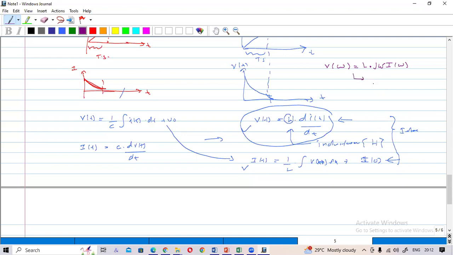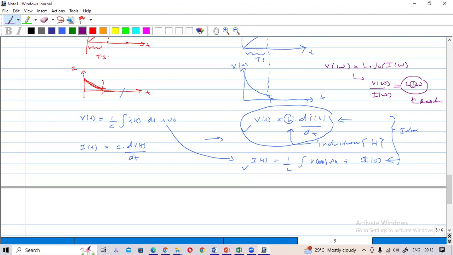In the same manner, you can write V omega divided by I omega, then you will have Lj omega. Then what is this? This is also the resistance created by an inductor. Okay, but it is an imaginary one. J is there.